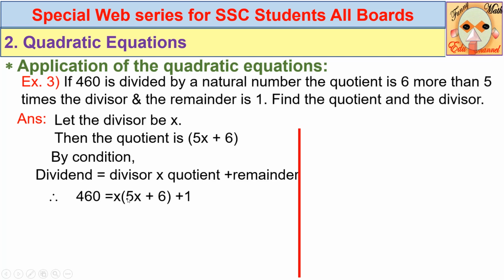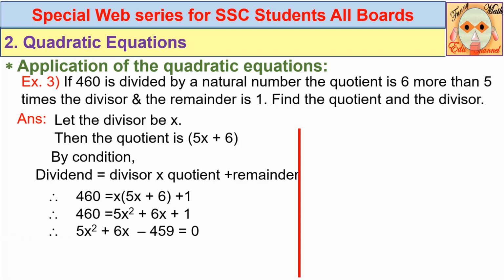Now this becomes a quadratic equation, because when you simplify this, if you open this bracket you get the square term. So 460 is equal to 5x into x, 5x squared, 6 into x, 6x plus 1. Now going on simplifying, shift this 460.